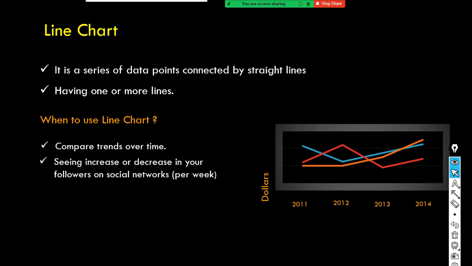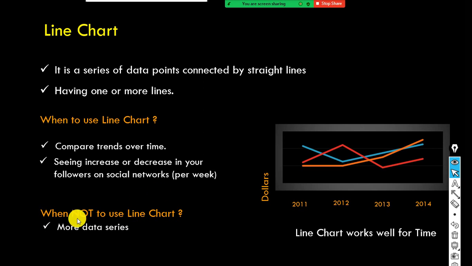With the help of a line chart, we can see the increase or decrease in our followers on social media networks, or revenue, or expenses. In simple terms, a line chart works well for time.